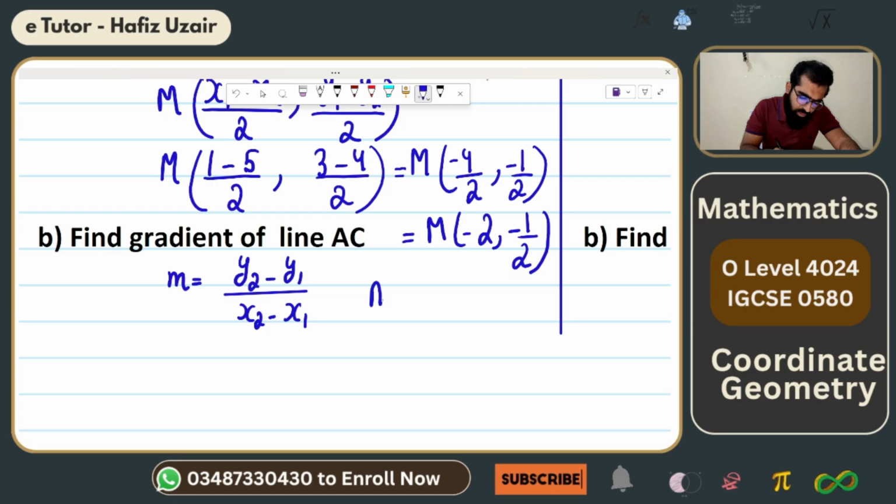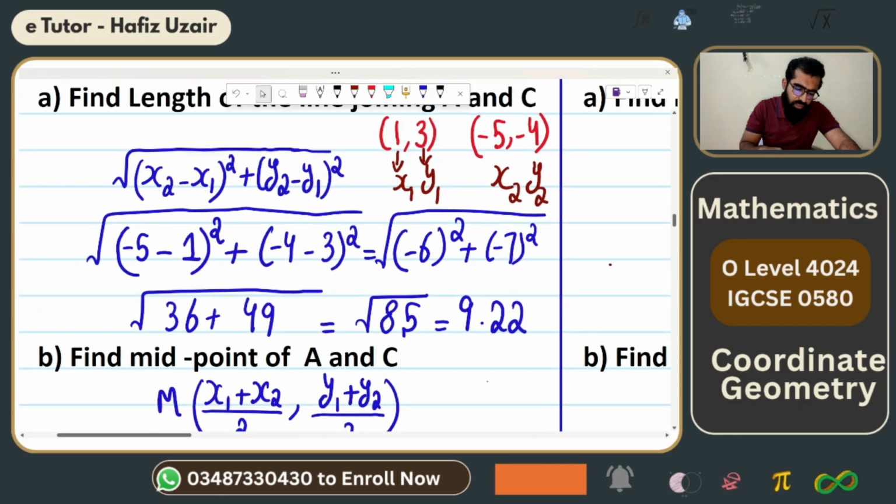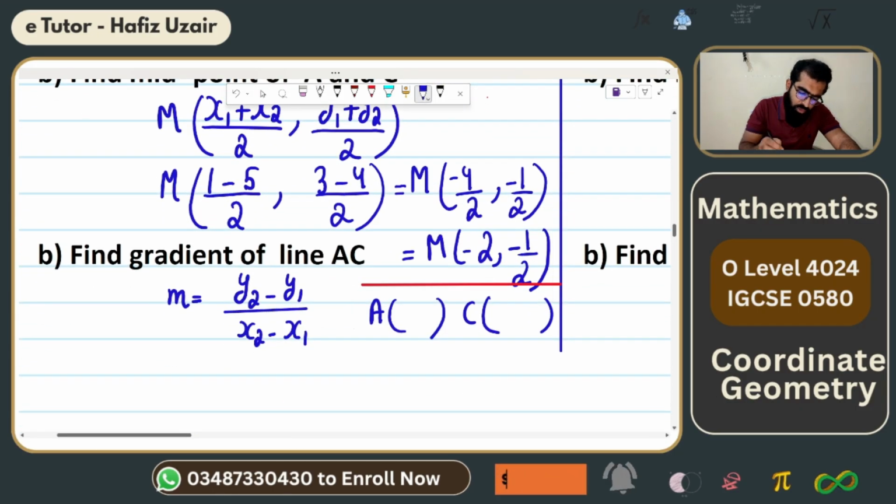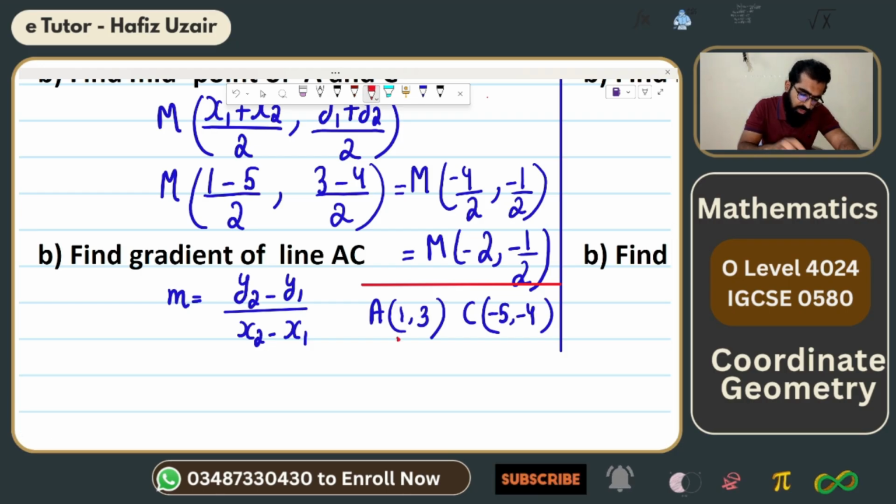Let me write the coordinates for A and C here as well, and just separate it with a line. The coordinate for A was 1, 3 and for C minus 5, minus 4. So this is again x1 y1 x2 y2.